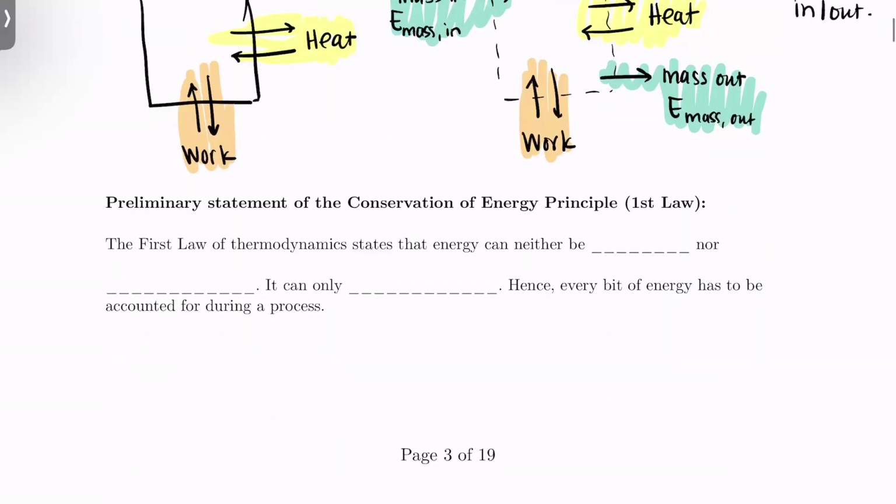Okay, so we are going to now begin with a preliminary statement of conservation of energy. So this is the first law of thermodynamics, and it states that the energy can neither be created or destroyed.